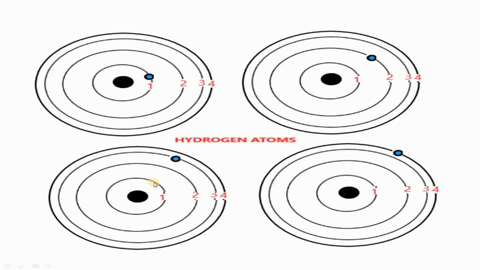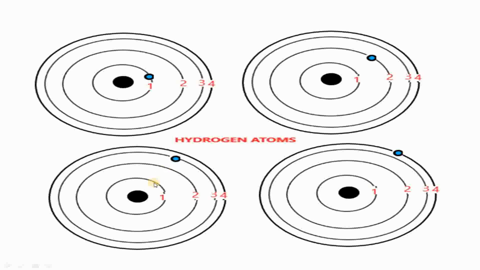See the third one. In the third atom, the electron is in second excited state. What does it mean? This electron has absorbed a photon of frequency nu 2, energy E2 equal to h nu 2, where nu 2 is the frequency of the photon that is absorbed.